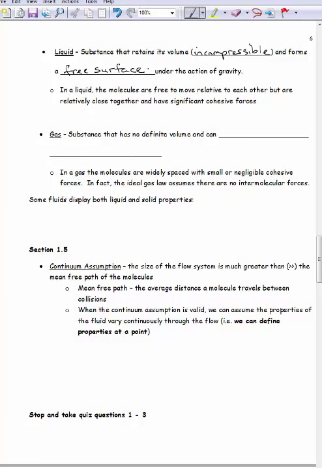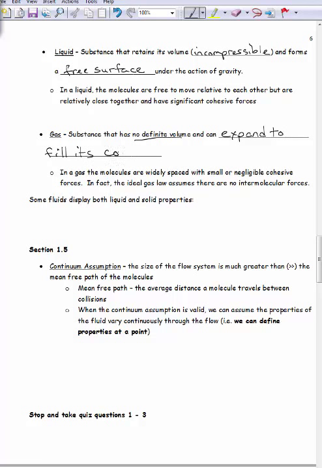And it's going to do this because the molecules have a lot of forces. Even though they will move relative to each other, unlike a solid, they have a lot more forces. They're a lot closer to a solid than a gas is. And so a gas is a little bit different. It has no definite volume, and it will expand to fill its container.